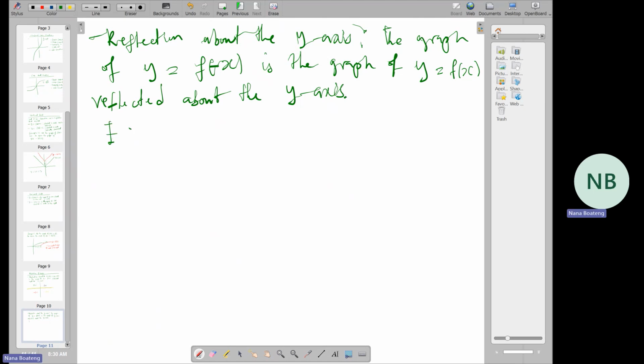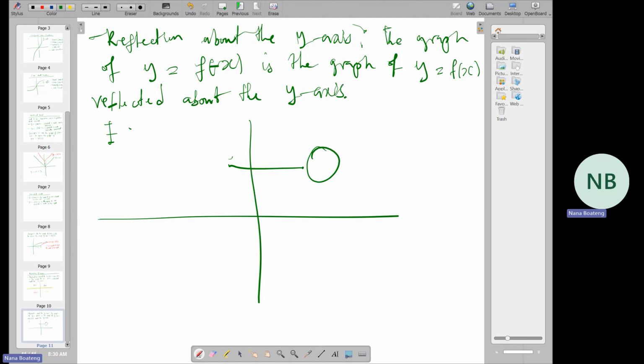All right, so before that, let me also quickly show, if we reflect a graph along the axis, if it is here and it's reflected, then it comes here. So if this is f of x, then this becomes f of minus x.